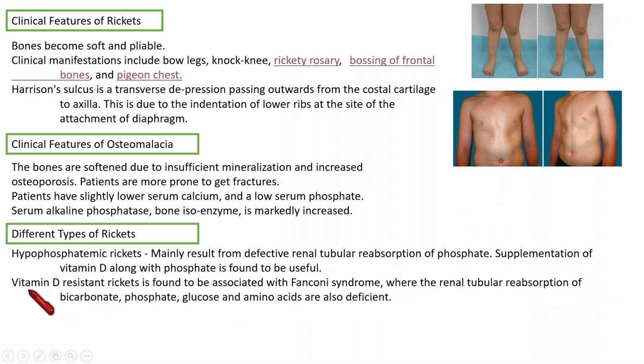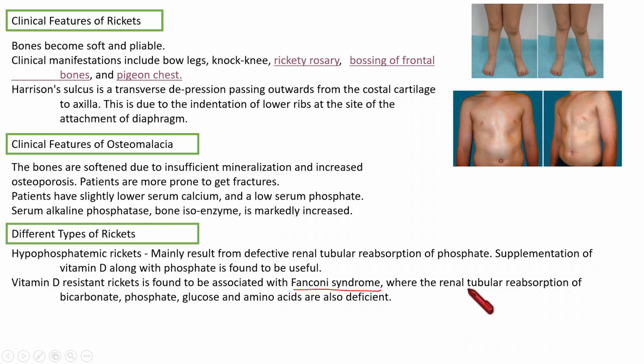And the next type is vitamin D resistant rickets. This type of rickets is found associated with a syndrome called Fanconi syndrome. What is happening there?